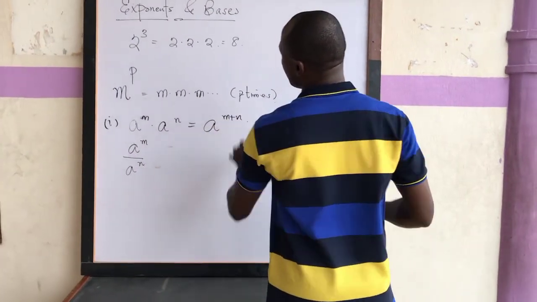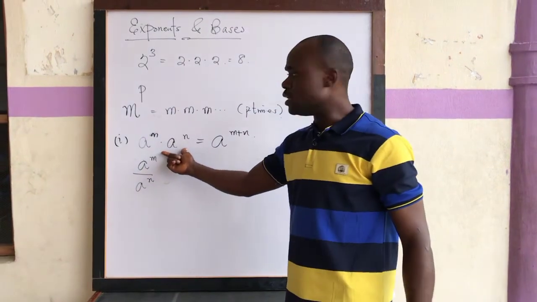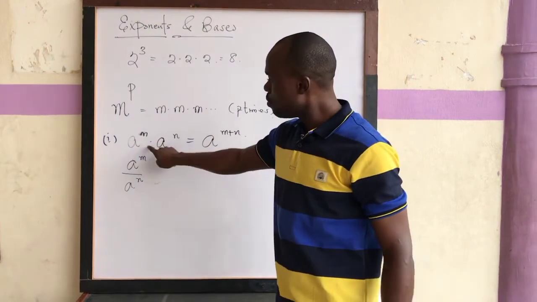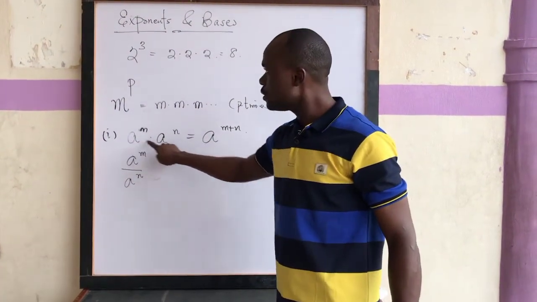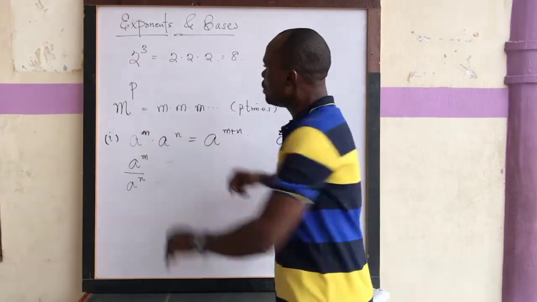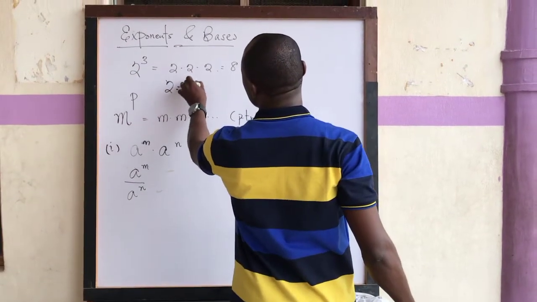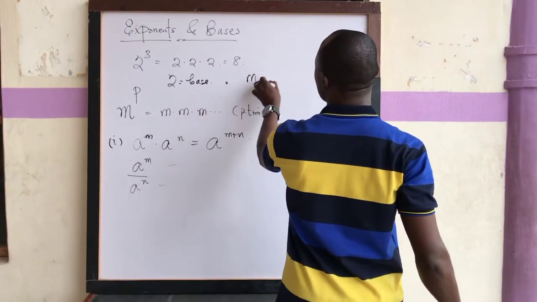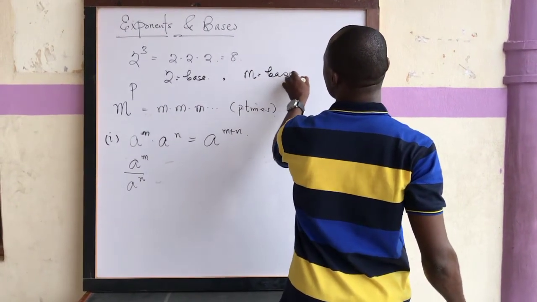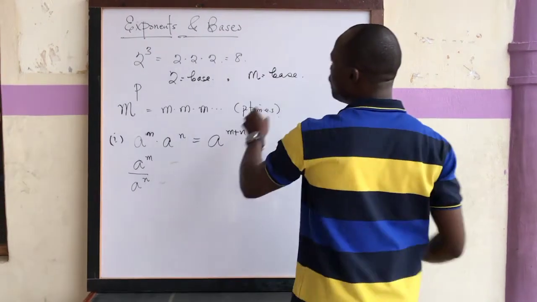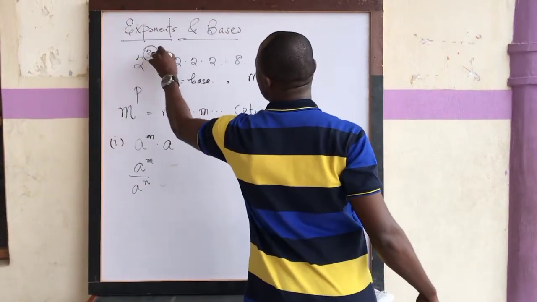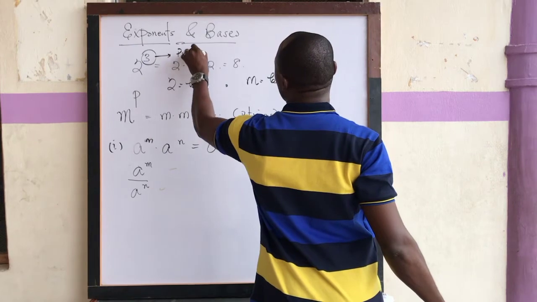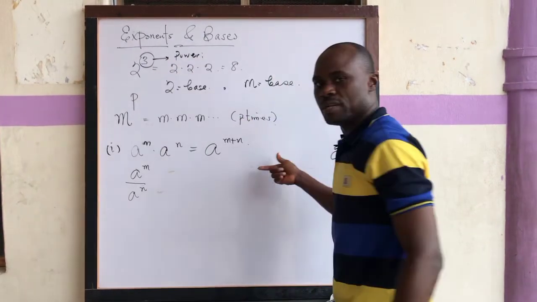So what this rule is telling you to do is, number 1, multiplication. Number 2, the bases. Remember, this is the base, 2 here is the base, 2 here is the base, and here m is also the base. So take note of the base and take note of the exponent. Here, this is the power, or what we refer to as the exponent.